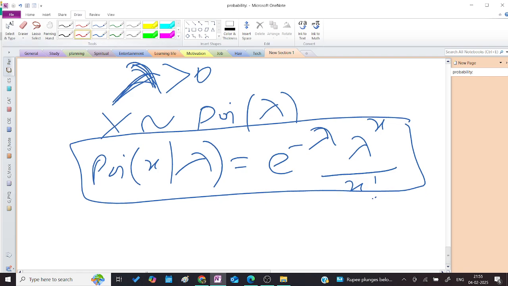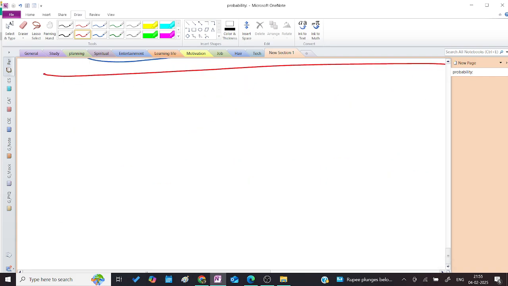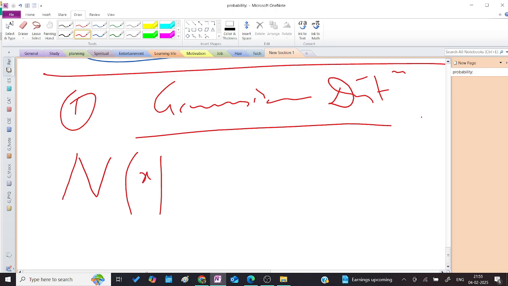Okay, now move to continuous distribution, and only one continuous distribution I will be discussing here. The rest will all be discussed in later classes. Okay, this is the Gaussian distribution. Okay, so the formula of the Gaussian distribution is given by N of x given mu and sigma square.